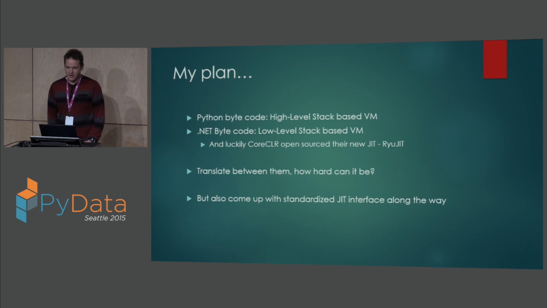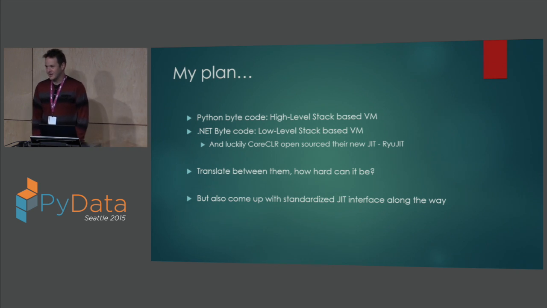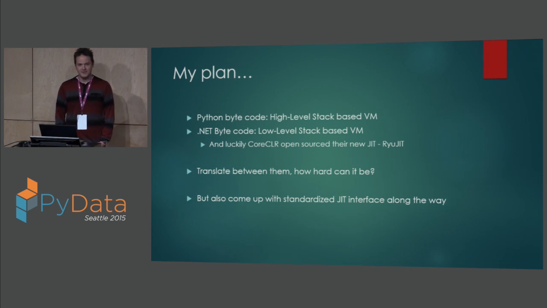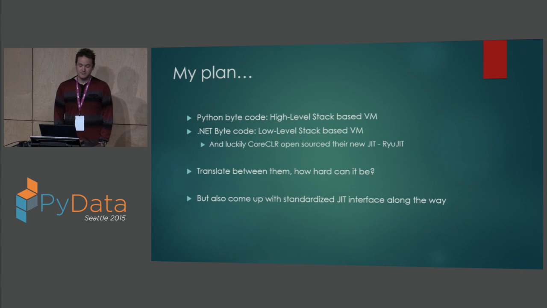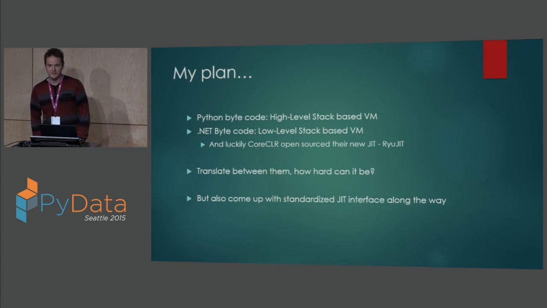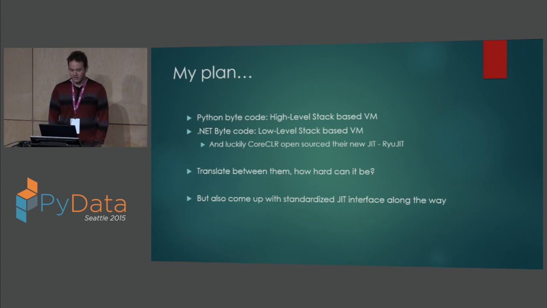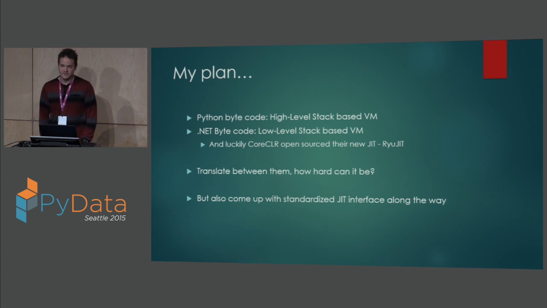So, my plan was fairly simple. Python has a bytecode-based interpreter, and .NET actually has a bytecode-based interpreter. Python's bytecode is much higher level than .NET's. It has things like opcodes for addition, which are very high level and operate on all sorts of objects, whereas .NET's has addition, but it's really adding two numbers.